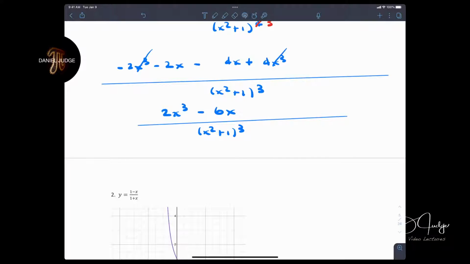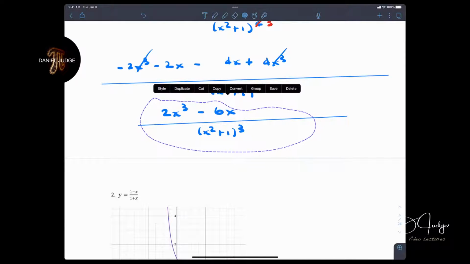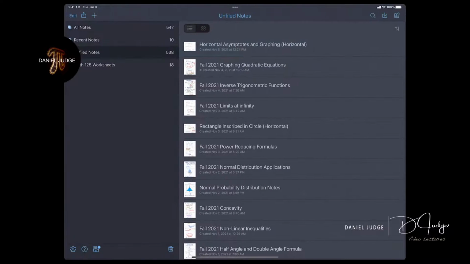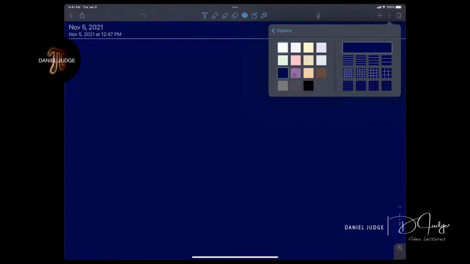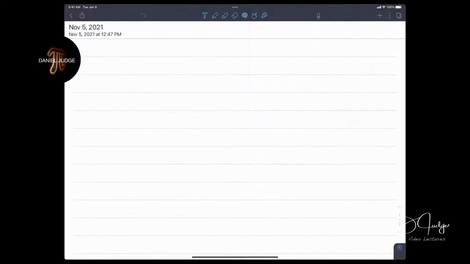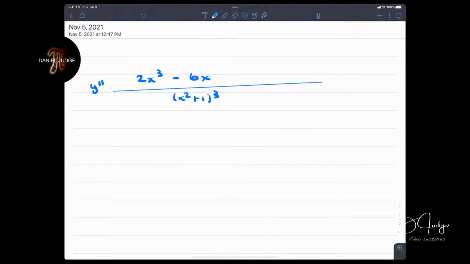Now we're out of some space, so what I'm going to do is have some scratch paper. Second derivative, so factor out the greatest common factor of a 2x. And then that's x squared minus 3 in the numerator over x squared plus 1 cubed.